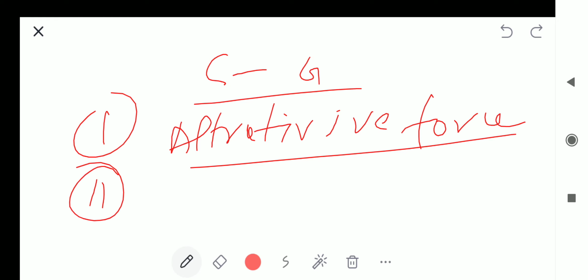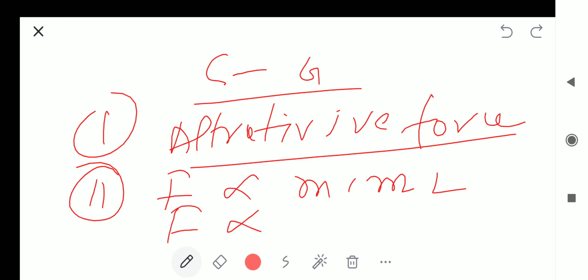Second, the force is proportional to the product of the two masses, and the force is inversely proportional to the square of the distance between them.